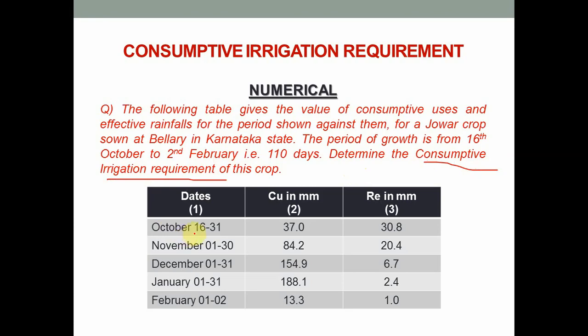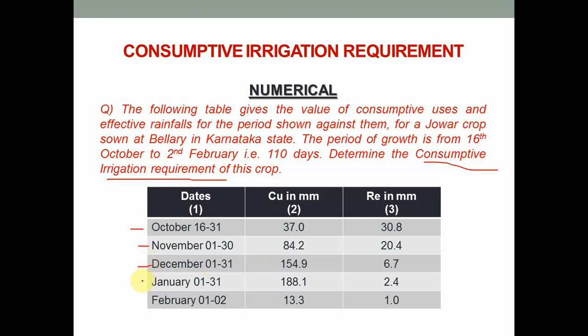So the consumptive use is shown month wise. First it is shown for the month of October. So the consumptive use is 37 millimeter. For November 1 to 30 it is 84.2 millimeter.